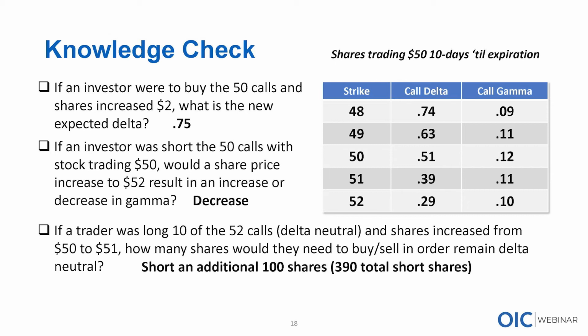The gamma on the 52 calls is 10, and I'm long 10 of those contracts. 10 times 10 is 100. I would actually be long an extra 100 deltas with the stock up $1. So I would sell an additional 100 shares. Now I would be long 10 calls, and I would be short 390 shares, and I'd be delta neutral again.